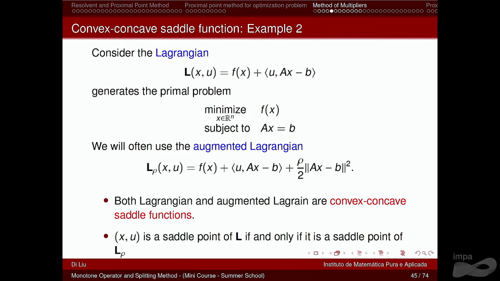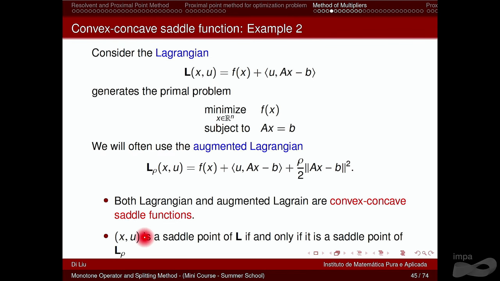And also the function we use very frequently is the augmented Lagrangian, which is defined by adding a square penalty term to the Lagrangian function, okay? So we have some conclusions here. Both the Lagrangian and the augmented Lagrangian are convex-concave saddle functions.